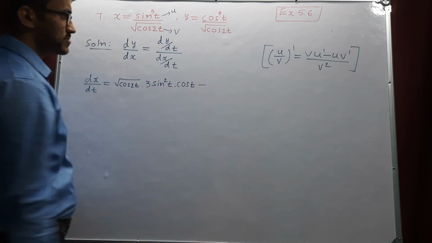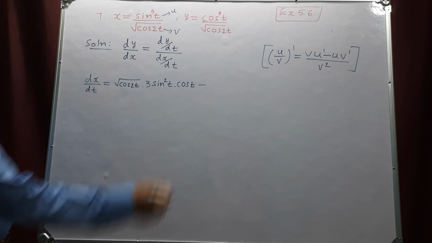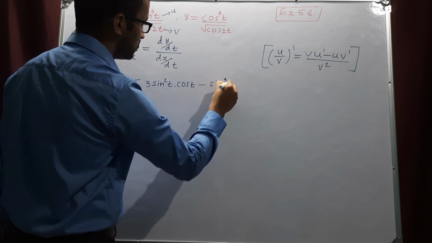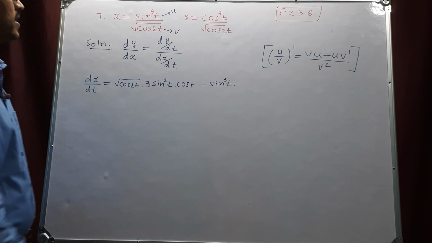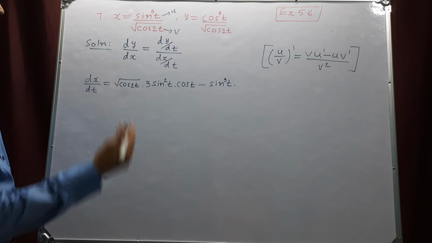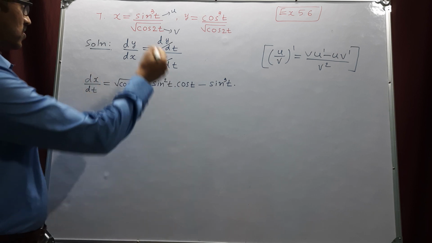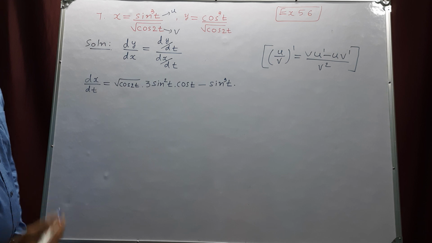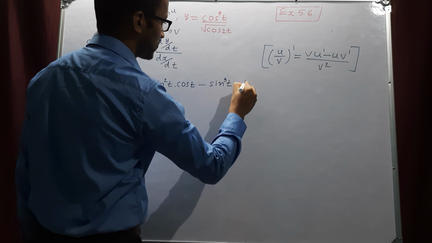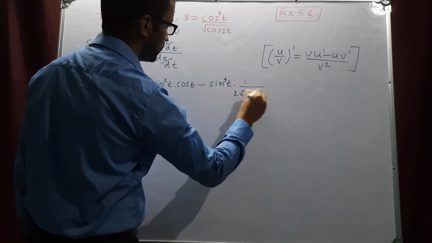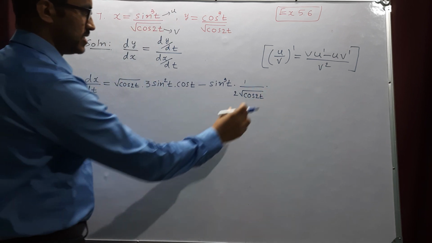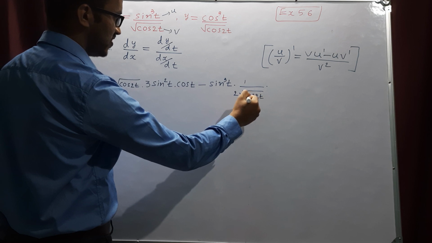Minus u into v dash. u is sin cube t, into the derivative of root of cos 2t. Again we have to apply the chain rule. The derivative of root x is 1 by 2 root x. So the derivative of root of cos 2t becomes 1 by 2 root of cos 2t, into the derivative of cos 2t.